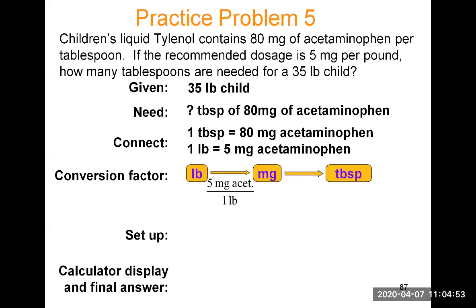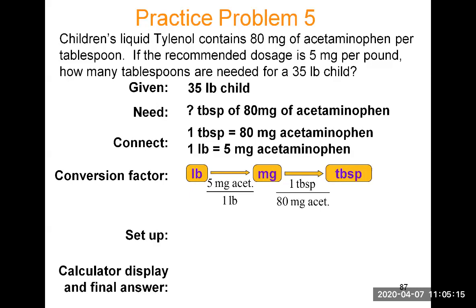So you take the 80 milligrams of acetaminophen and put it in the bottom of the conversion factor, and the 1 tablespoon on top. This way, the milligrams of acetaminophen cancel, and we're left with tablespoons, which is what we want.